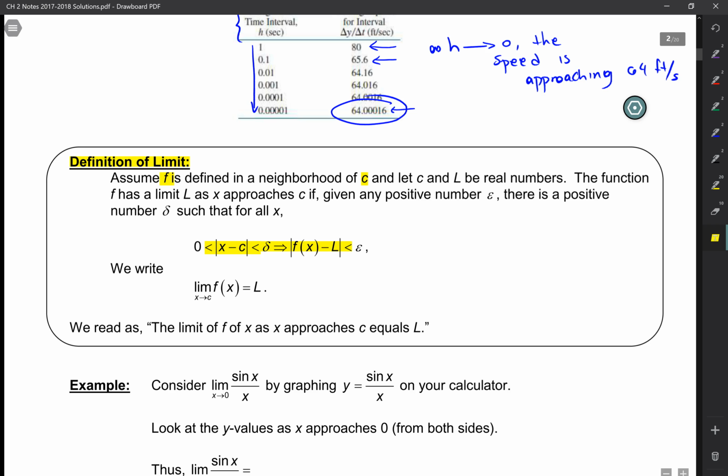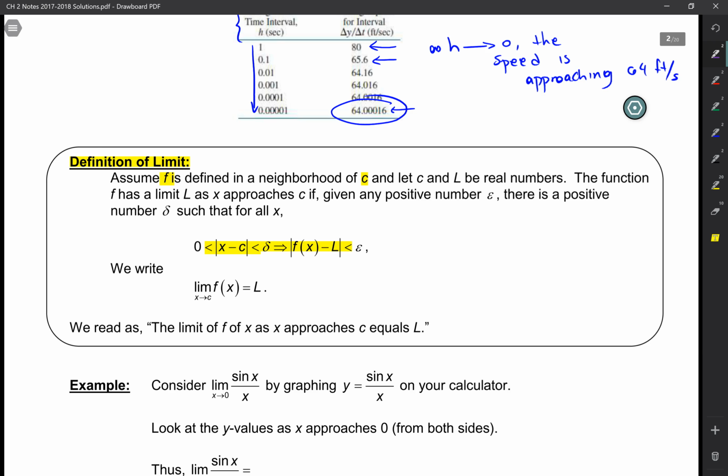As x minus c gets smaller and smaller, we get closer and closer to a limit. That's what that means. So as on the x-axis we get closer and closer to c, we get closer and closer to the value of a limit. That's what that is.